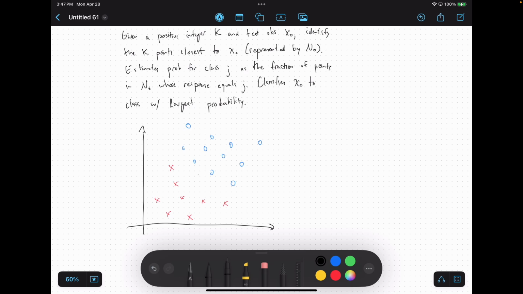Let me put a question mark here. Is it an X or an O at K equals 1, K equals 2, K equals 3?